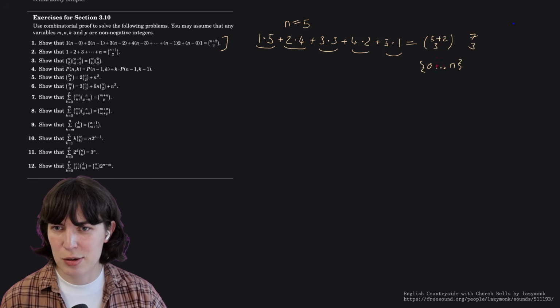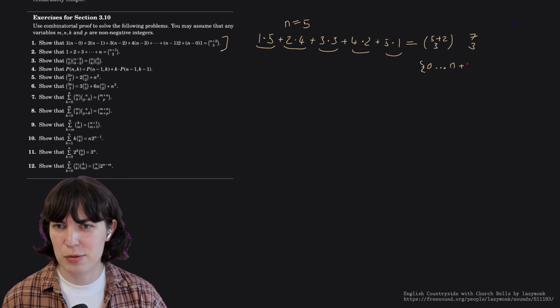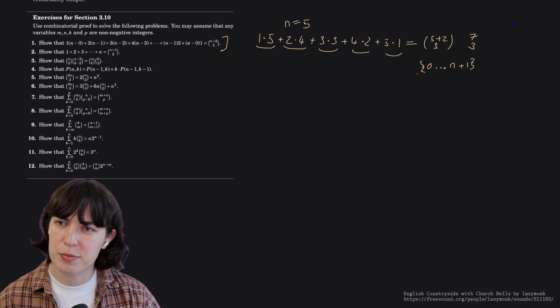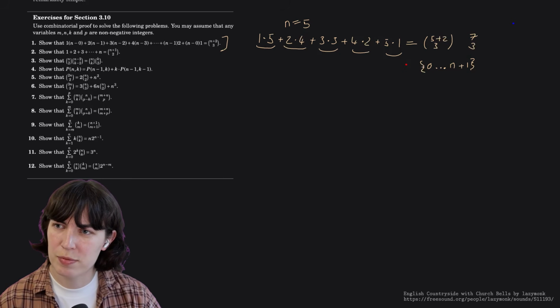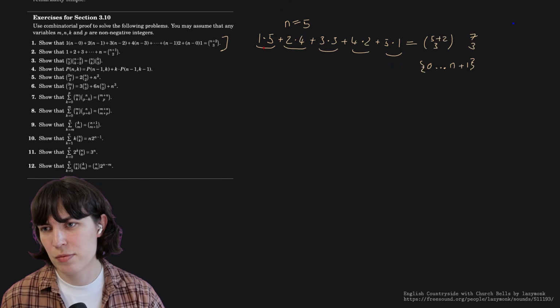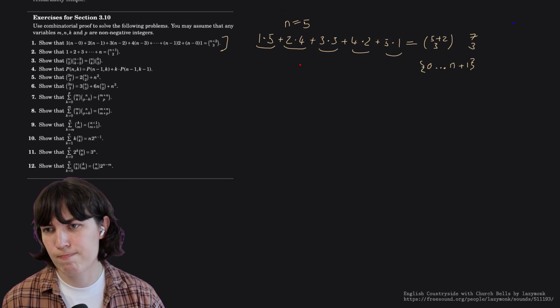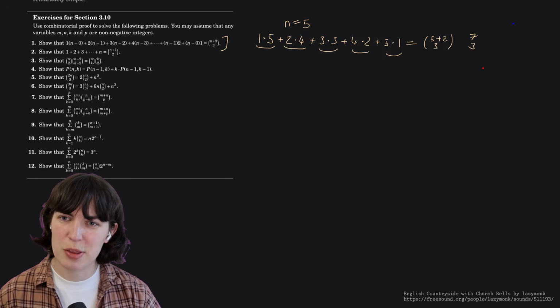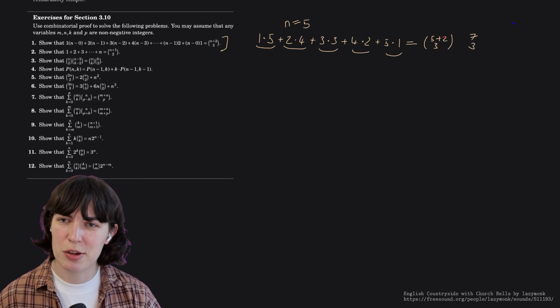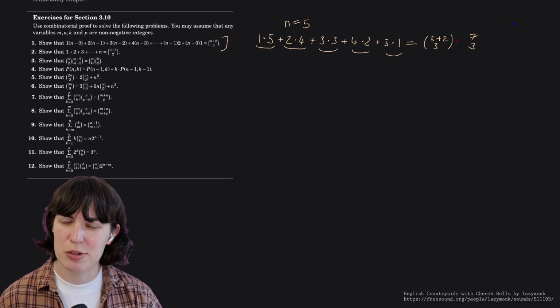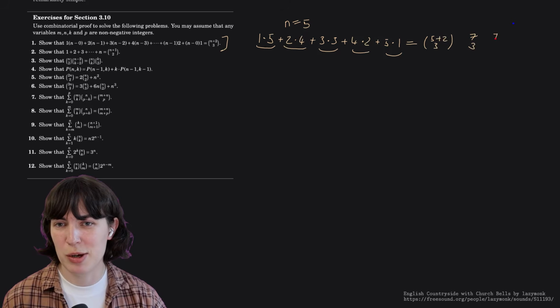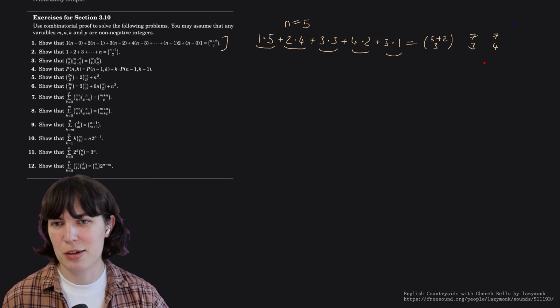So if we had 0 through n plus 1, so we know that this is a way of choosing 3 elements from 7 elements, which I guess is also going to be a way, by the way, of choosing 4 elements from 7 elements, I think.